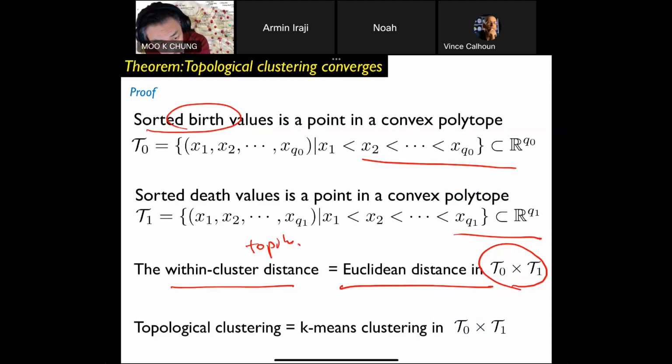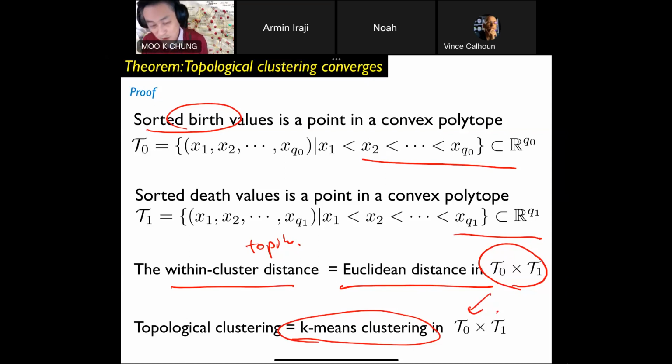That means you can turn the topology clustering into K-means clustering in this particular space. And we know that K-means clustering in a convex space converges, so it should converge. Okay? So that's the logic for why topology clustering will converge.